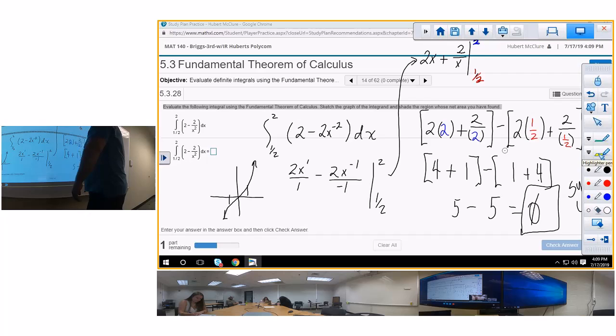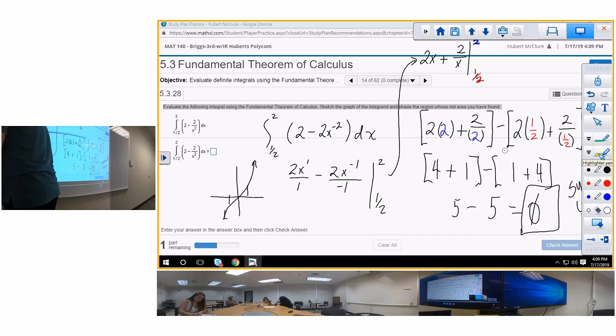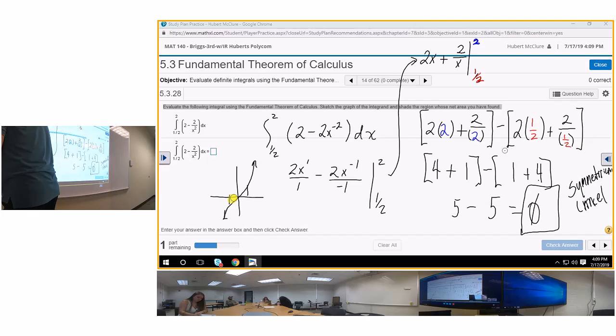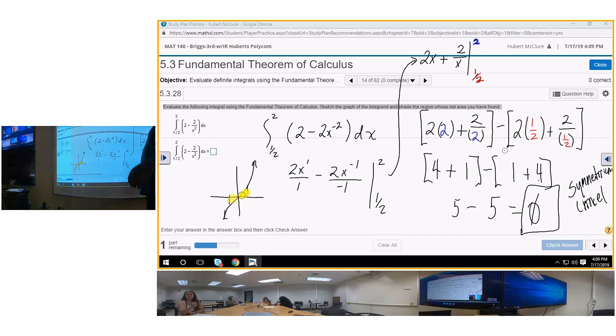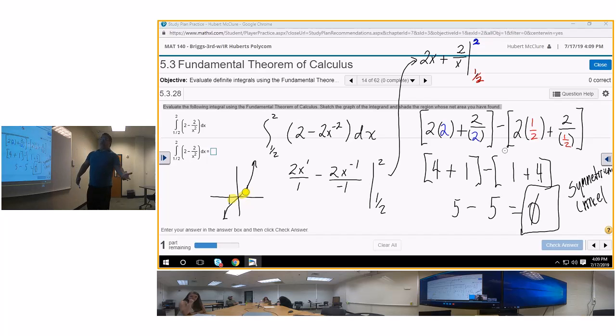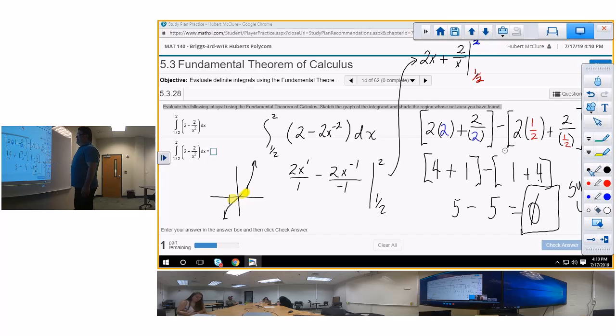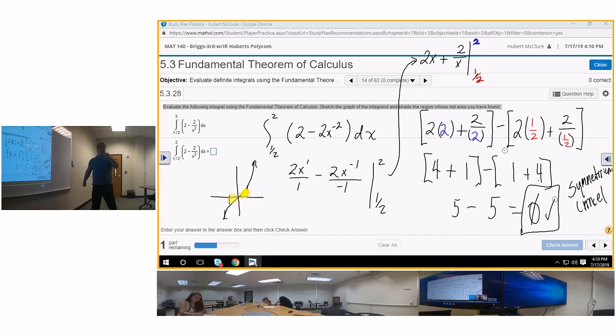This is about the origin. You got this area, and then you got this area. And what do the areas do? The one has an area of 2, the other has an area of -2. But since they are about the y-axis, they cancel out. That's what happens when you have a 0 for an area.